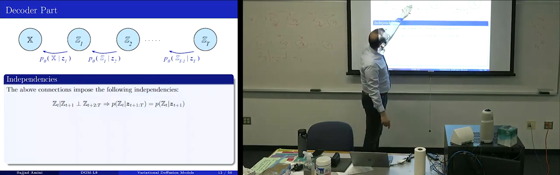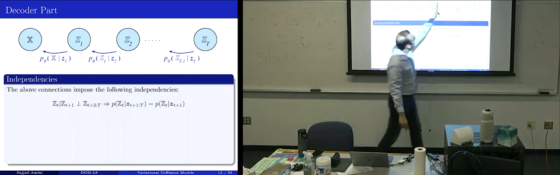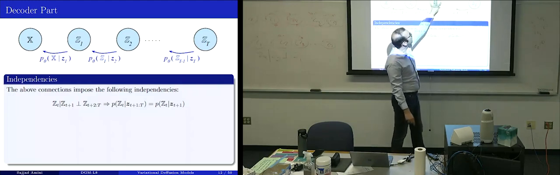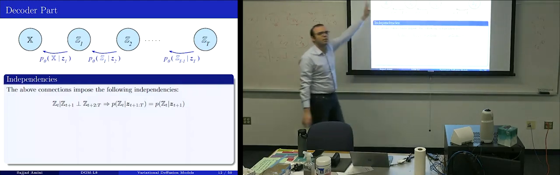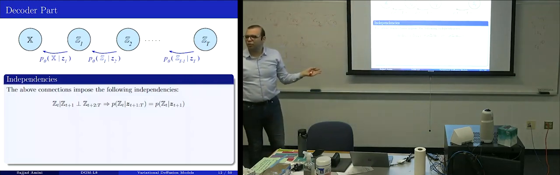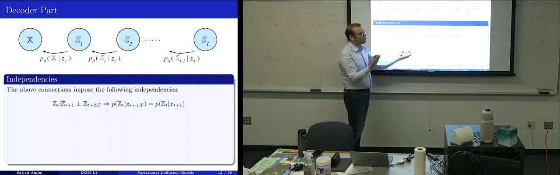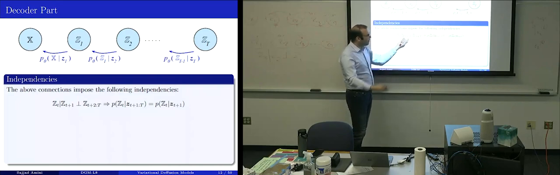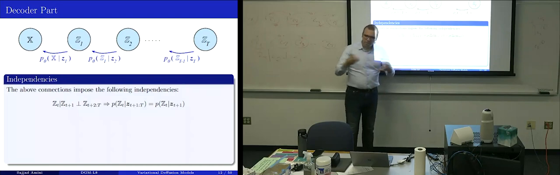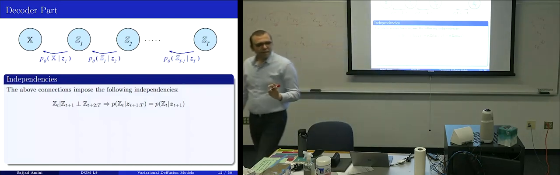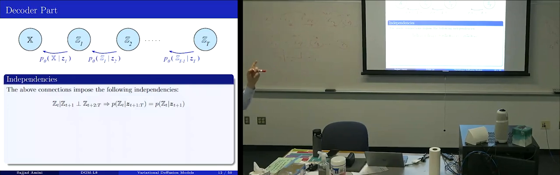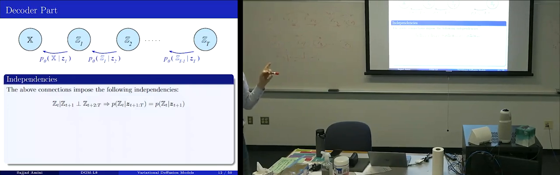If I am at this step, Z1 is independent of the previous Z2 if you have access to Z2. Completely similar to the previous one. We are talking about the distribution, not about the approximate posterior or the model itself, and just the direction of the arrows changed. Previously ZT was independent of its past, now it's independent of its future, if you interpret indexes as a time sequence. Is it clear how we derive this independence? Okay.